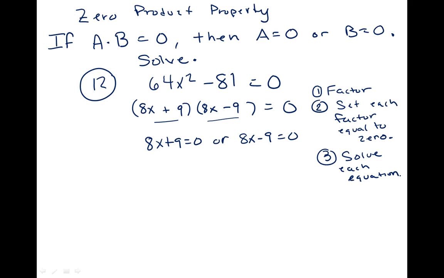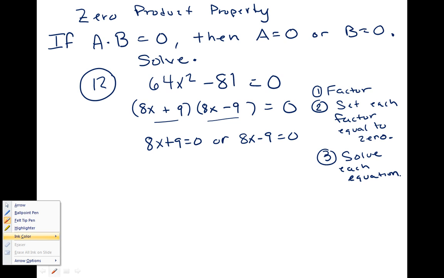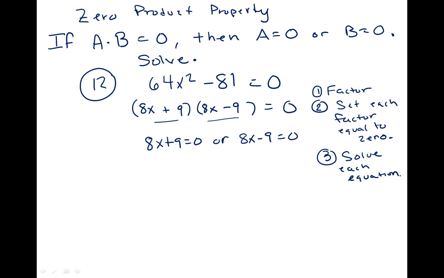Those will be your two solutions. We started out with an equation that had an x squared, so that means we're going to have two solutions. Solving 8x plus 9 equals 0, I need to get my x alone. I'm going to move the 9 over, minus 9 on both sides. 8x equals negative 9. Divide both sides by 8. So x equals negative 9/8.